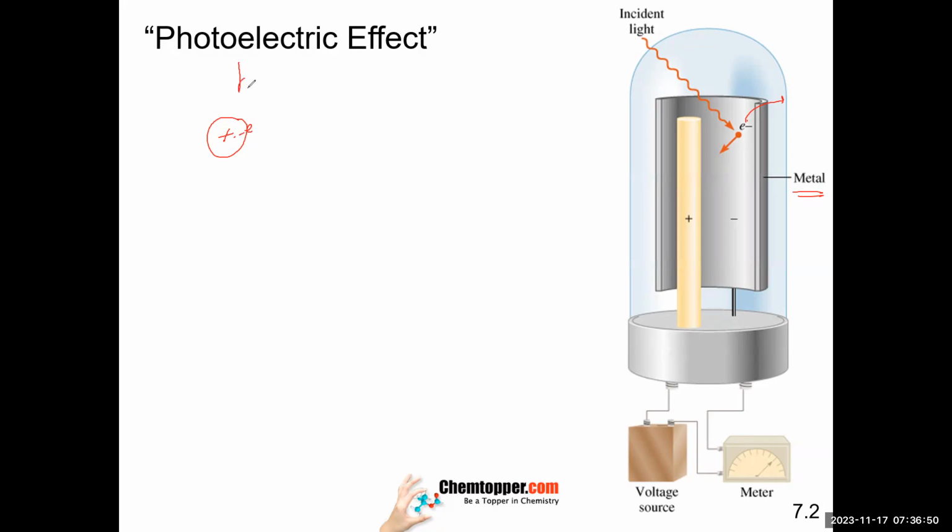When this photon hv hits the electron, the energy of the photon is transferred to the electron. The electron is going to break these attractions, because it's getting energy to break the attractions with the nucleus, and then it is moving out.